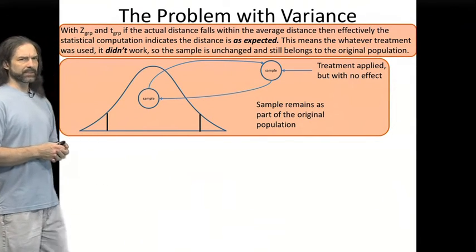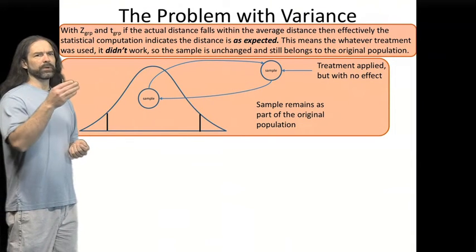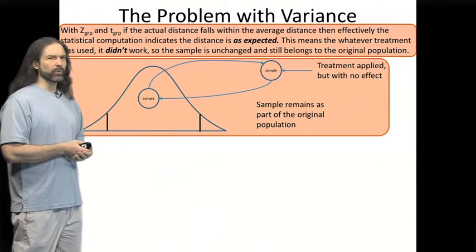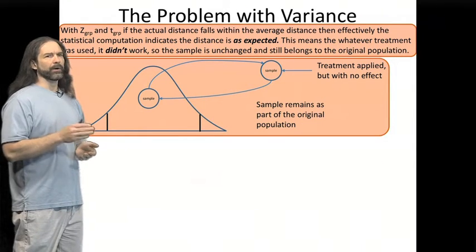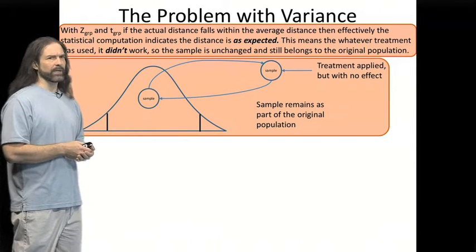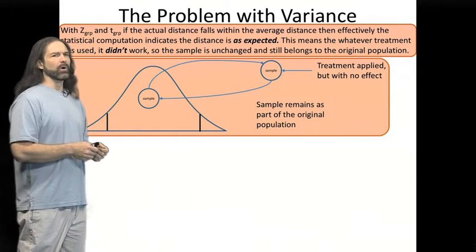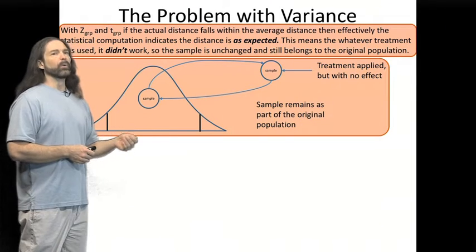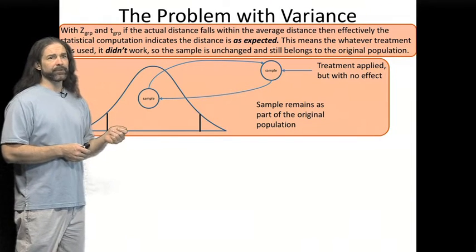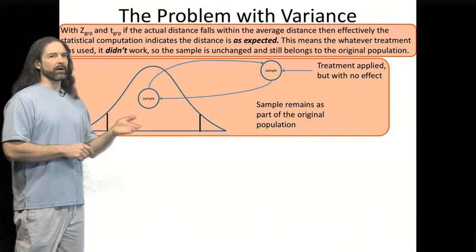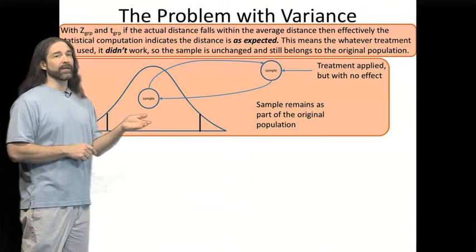Then we take that sample and put some treatment to that sample. So our null hypothesis is basically the world in which the treatment has no effect. So imagine we have a sample, we administer some treatment, but the treatment has absolutely zero effect, then our sample has not changed at all.